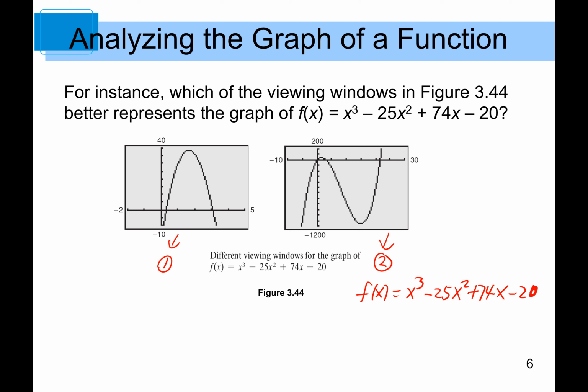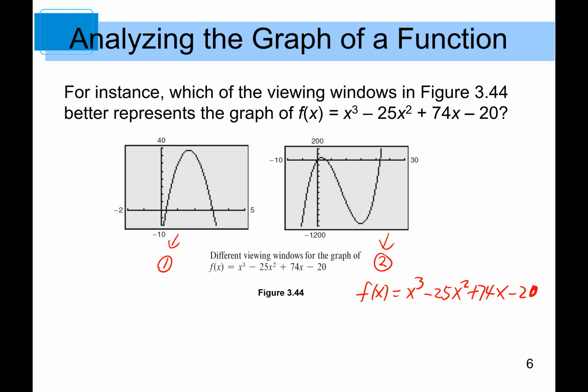And you wouldn't think they refer to the same function, right? But in this case, this is just two different viewing windows for the graph of the same function, f of x equals x cubed minus 25x squared plus 74x minus 20.